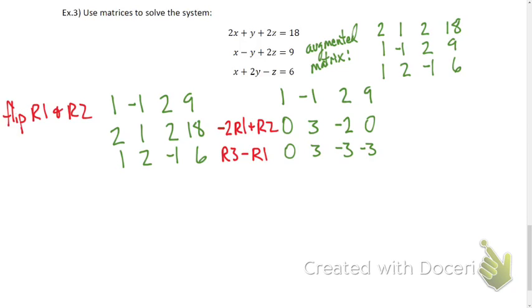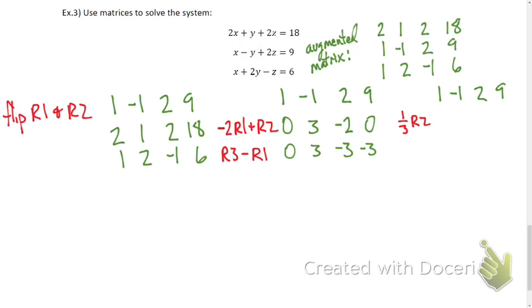I need both of those 3's. Well, actually, sorry, let's go slower. I need this 3 to become a 1. So let's multiply that row by 1/3. Let's copy the top. And we're going to multiply row 2 by 1/3.